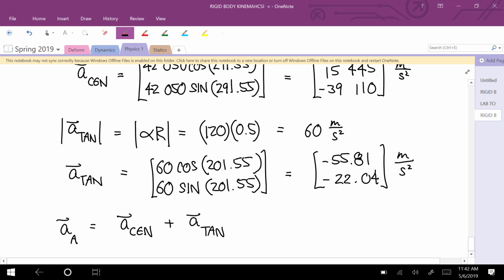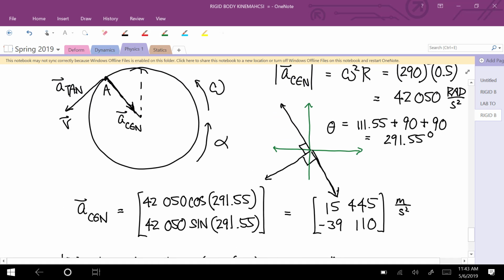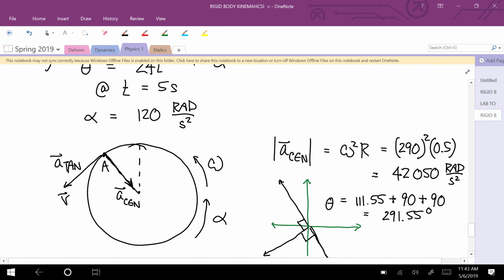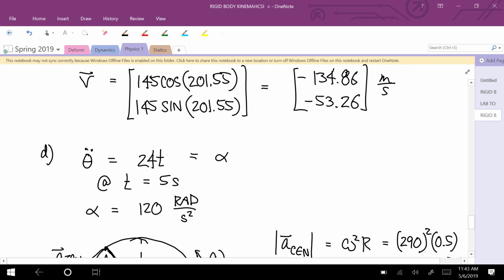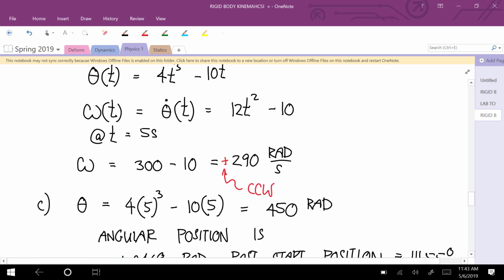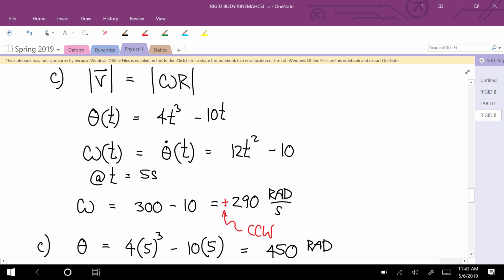So I guess you would say there's two things here, one conceptual, one kind of mathematical. Conceptually, to do this problem, you have to remember that if you have the angular position expressed as a function of time, you can come up with the angular velocity and angular acceleration by taking time derivatives of that. That relationship always holds.